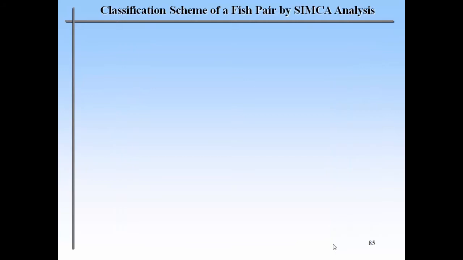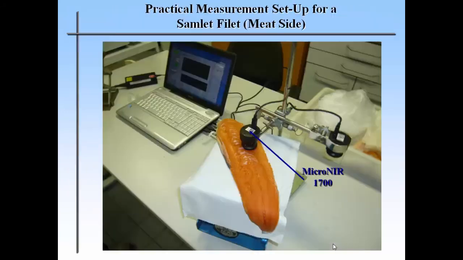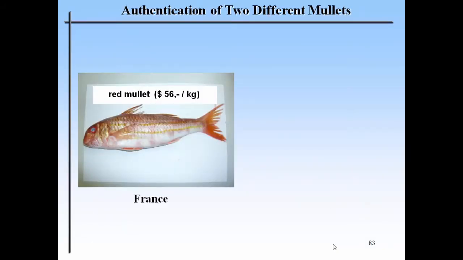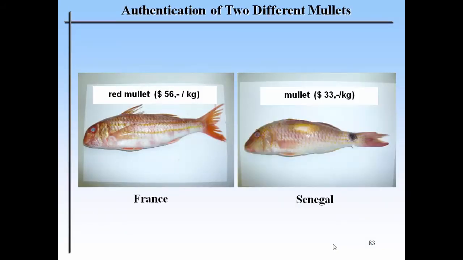Classification by SIMCA of this fish pair. So I show you the classification of these two fish. We made many different measurements of fish from, of course, the same place, but different days, etc., in order to have representativity.